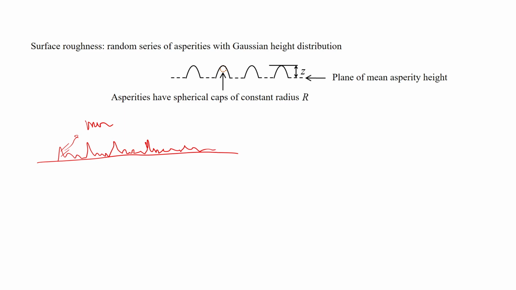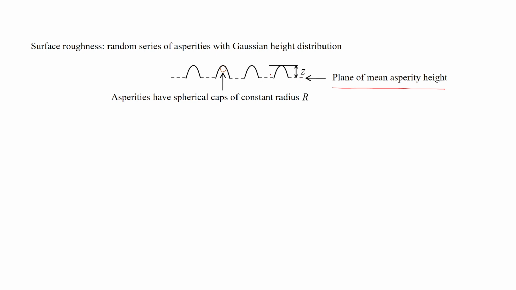So, Fuller and Tabor considered an ideal situation in which they have a smooth surface, the plane of mean asperity height, which is basically the datum surface, and on that there are asperities with different heights.